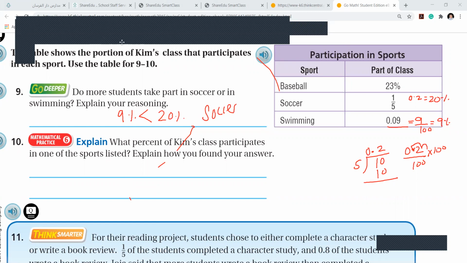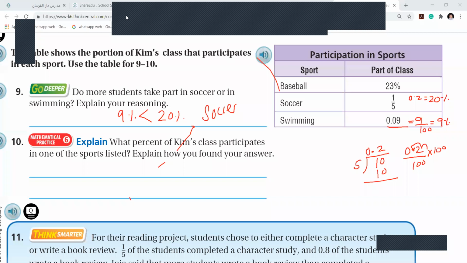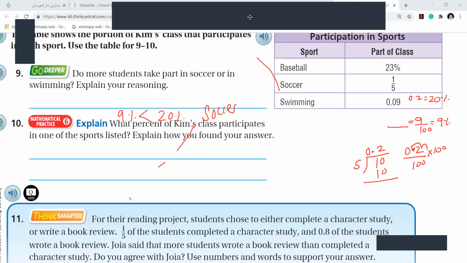Let us drop in and come. Wait a minute. Turn to another page.